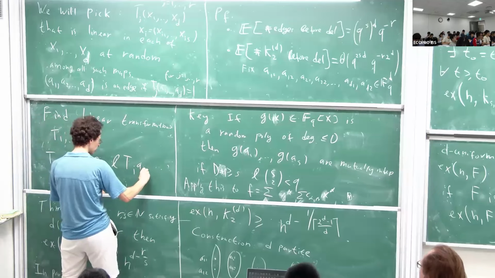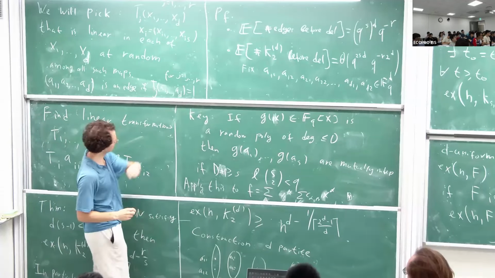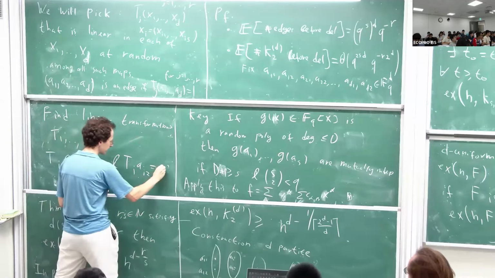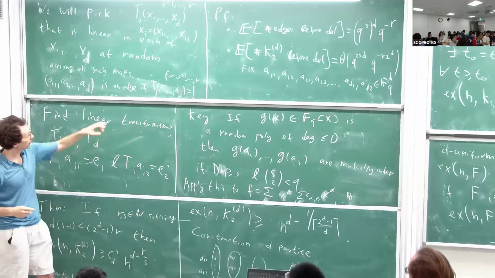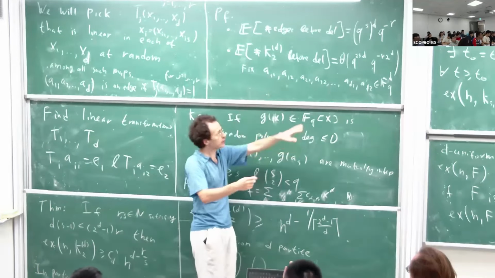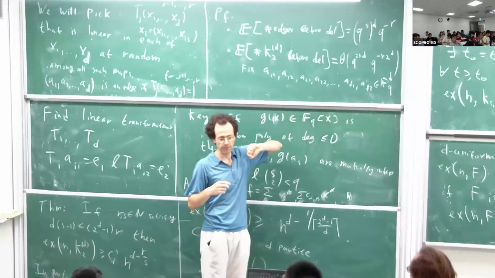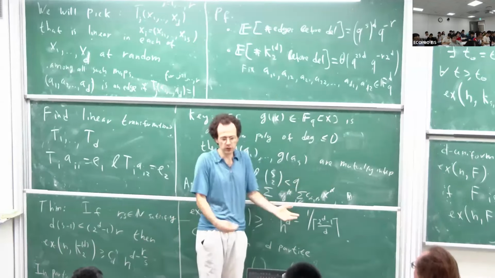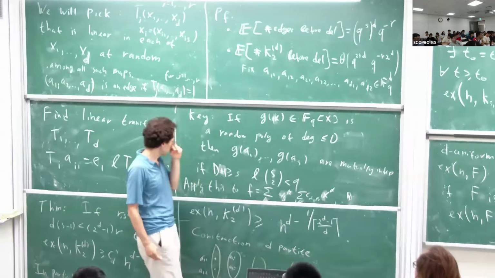So I can change, in each of the copies of the S-dimensional vector space, my coordinate system so that the first vector goes to the first basis vector, and the second one goes to the second one. It's just a linear change of coordinates.